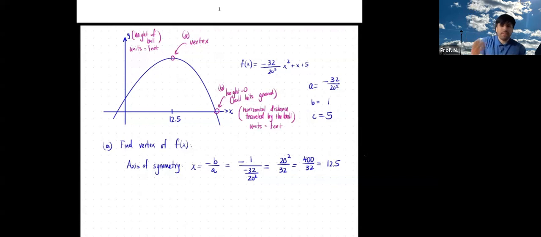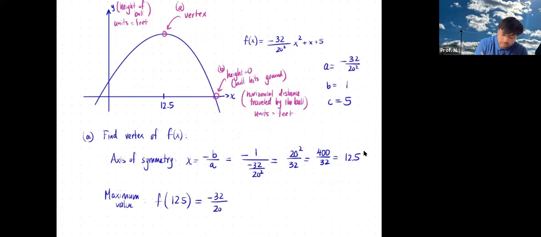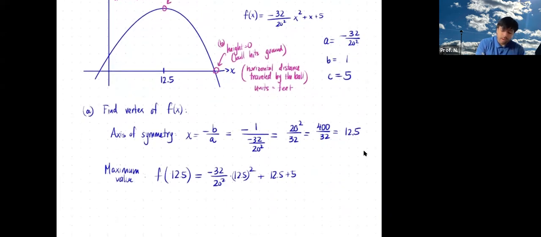And that maximum height we had to figure out by doing what? By plugging in. So what's the maximum height? The maximum value of f is when I plug in the x value. So 12.5, when I plug that into my function, I get negative 32 over 20 squared times 12.5 squared plus 12.5 plus 5.